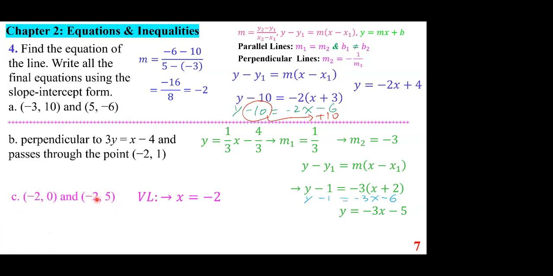This is identical to this one. So x equals -2, you're done. On the other hand, if the y coordinates are identical, again, very simple, horizontal line, y equals 7. Okay, class?